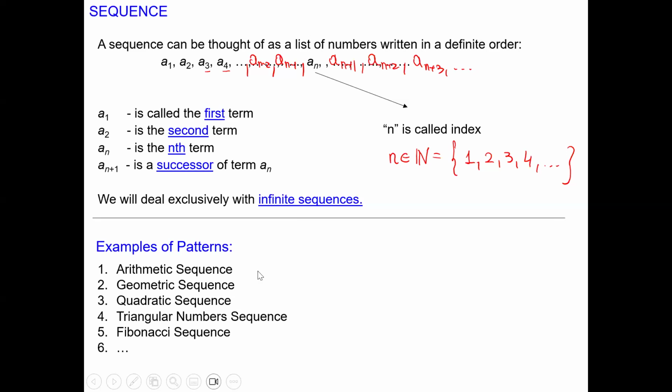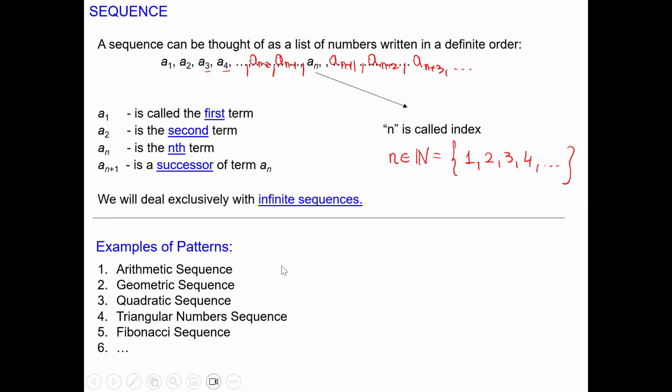Now we may have a couple of different types of sequences, or I can say types of patterns. We may have the arithmetic sequence, geometric sequence, quadratic sequence, triangular number sequence, Fibonacci sequence, and many different ones. But those are some of them.